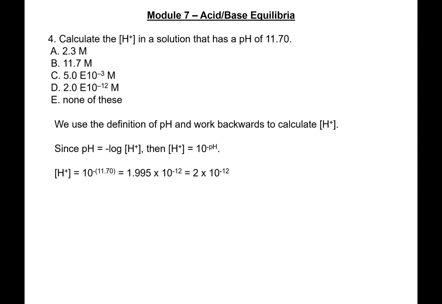In fact, it's going to have a very low concentration of hydronium ion. So right off the bat, you can eliminate A, B, and C. That leaves you with D or E. The answer might be none of these, and for that, you're going to need to do the calculation. Okay, so we do that, and we get 2 times 10 to the minus 12, so we get answer D.